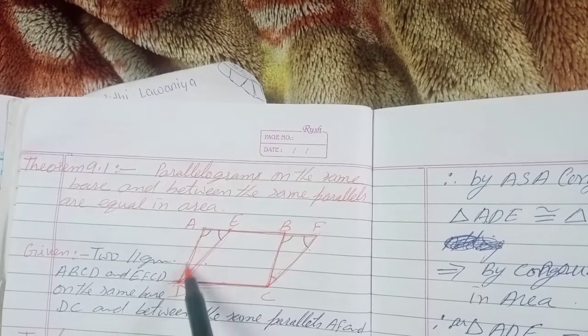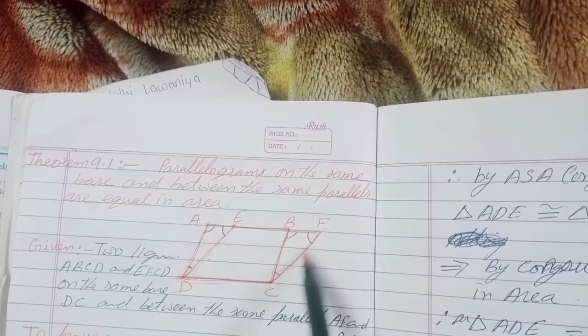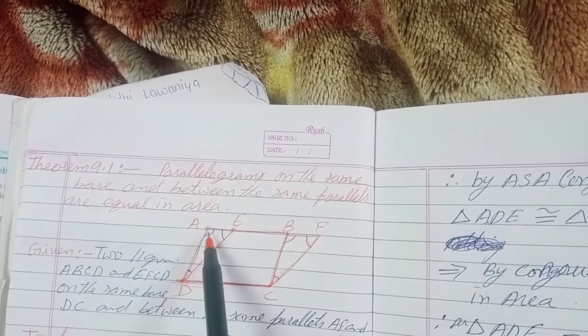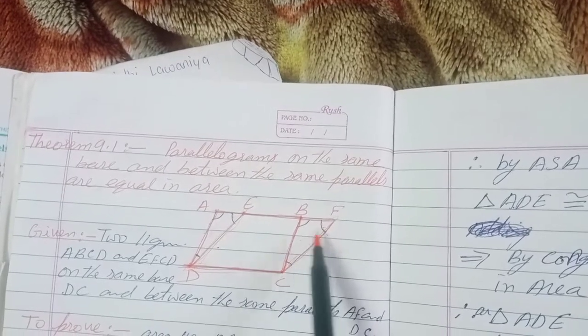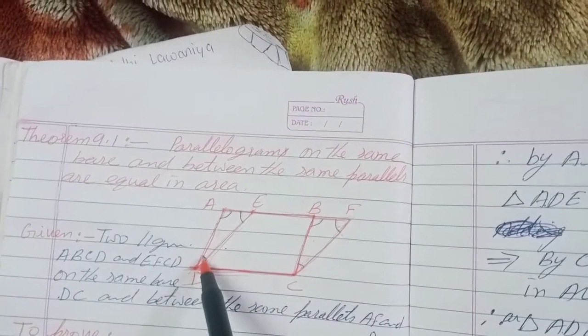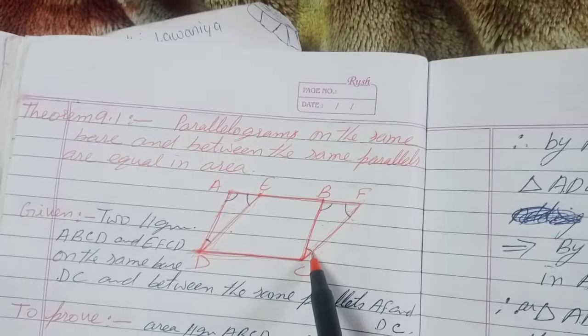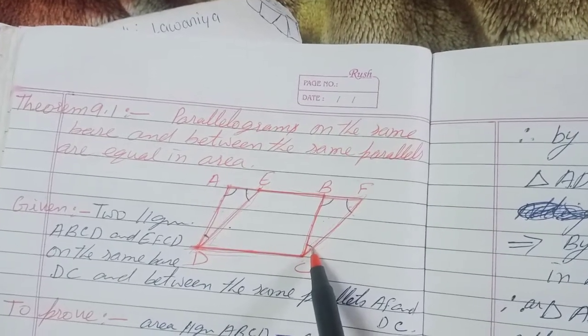Now, in this triangle and this triangle, we have this angle is equal to this angle and this angle is equal to this angle. Therefore, by angle sum property, we have this angle is equal to this angle. Right?